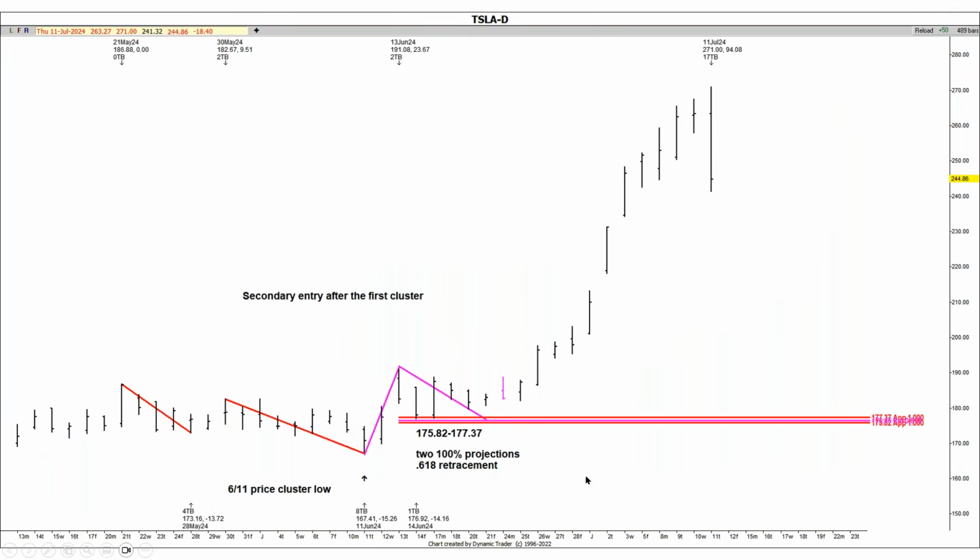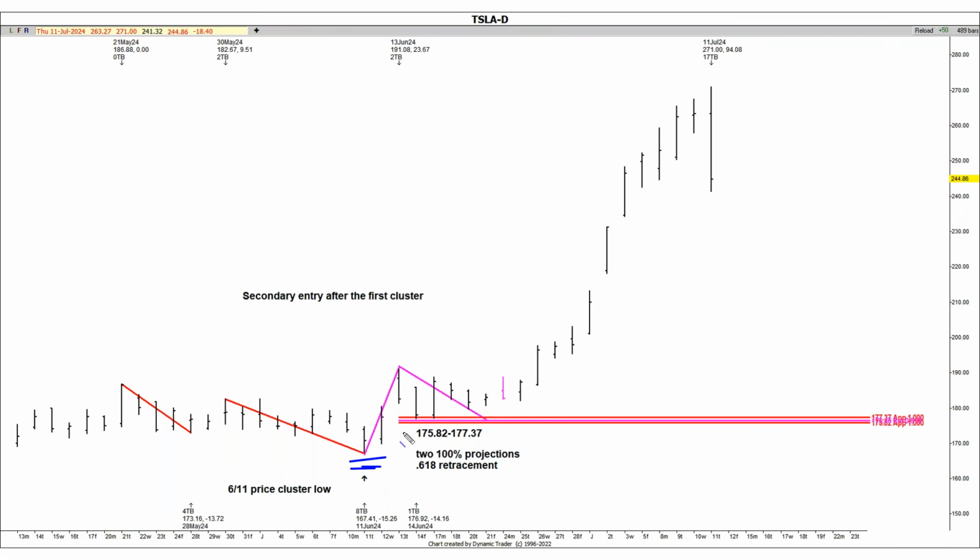And let's take a look at, well, there was actually a secondary entry in Tesla. So after the original setup that I just showed you, there are always other times where you can get involved, whether it's on a lower time frame chart after the original setup, or even on a daily chart.